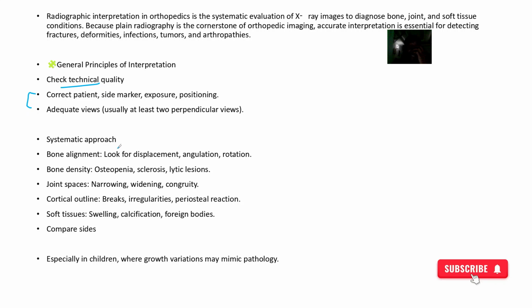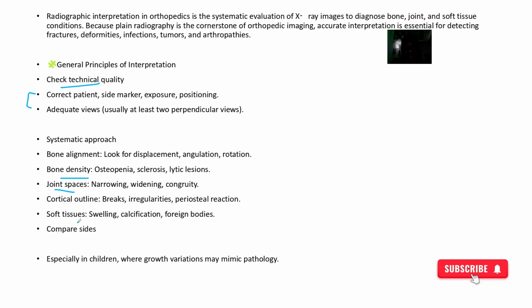Then for the systemic approach, you have to observe a lot. How is the bone aligned? Is it aligned normally or is it malaligned? You look at the bone density. Is the color uniform all round, or are some places looking whiter and some places darker? Then joint spaces: you look at whether there is a joint, or any joint along the imaging, and confirm that everything is within the same range.